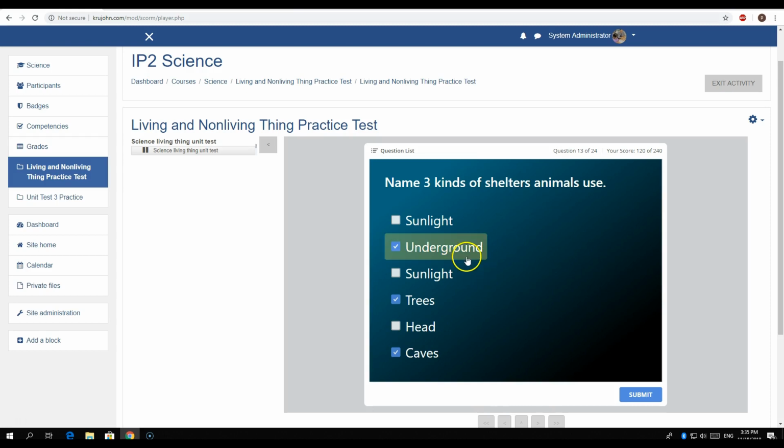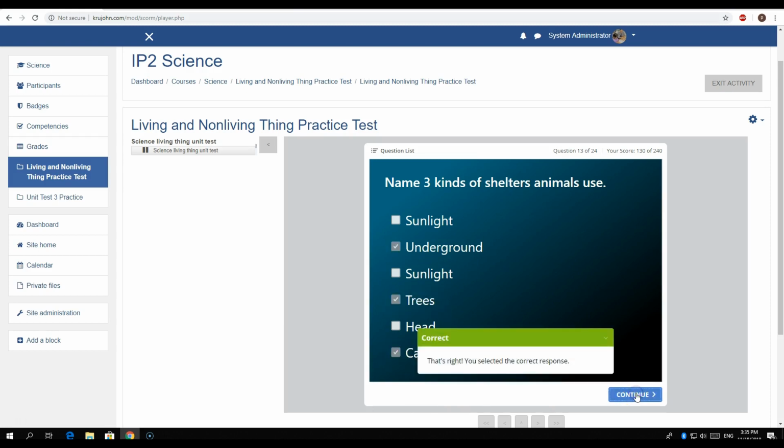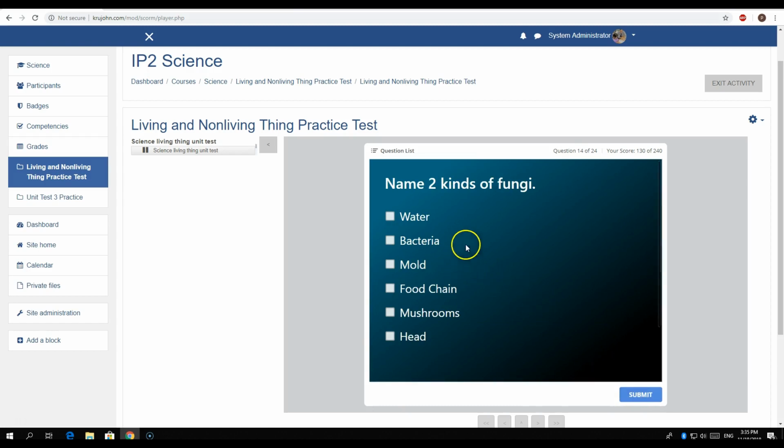So a worm will live underground, monkeys live in trees, and bears live in caves. Name 2 types of fungi. Let's think from class. The mold grew on bread, and mushrooms are a kind of fungi that people eat.